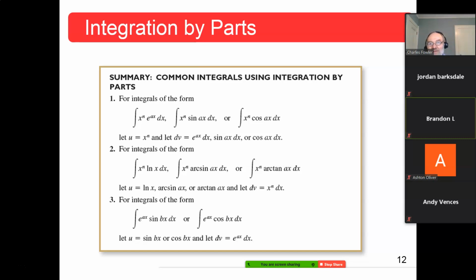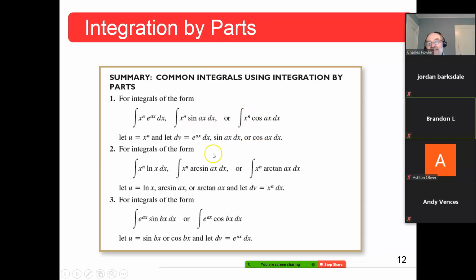Those are pretty easy things. They don't get any worse. This one, you differentiate the power function. Again, it gets simpler. Integrate the cosine, it goes to sine over a, but that's okay. So your u will be your power function. Your dv will be either e to the ax, sine of ax, or cosine of ax.